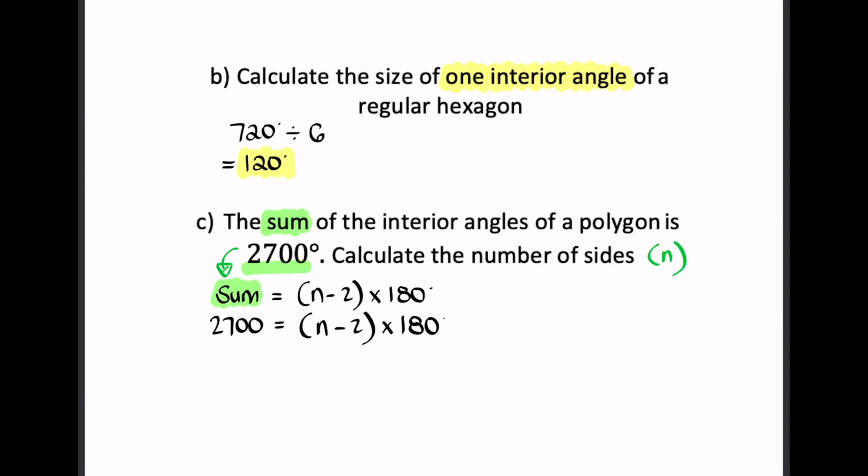Now I am trying to isolate this n so that I can solve for that n. In order to solve for that n, I need to get rid of this times 180 degrees on the right hand side. Now the opposite of multiplication is division, which means that I'm going to divide both sides by 180 degrees. So 2,700 degrees divided by 180 is equal to 15, which is equal to, and now I would carry down my n minus 2.